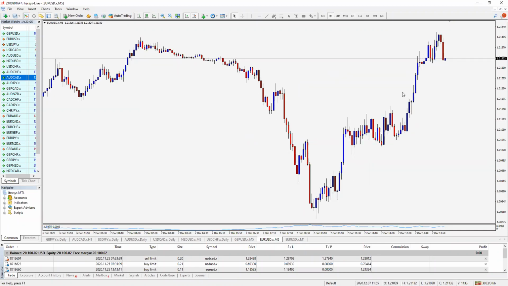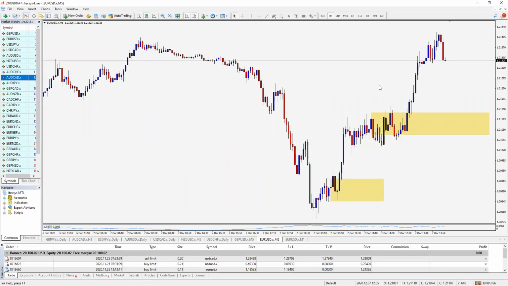This pattern is a real rejection. So if I want to trade this time frame, I look for demand. I have some demand here, and of course we have some more demand down there. Any pullback to those areas is a great point for looking for buying opportunities.